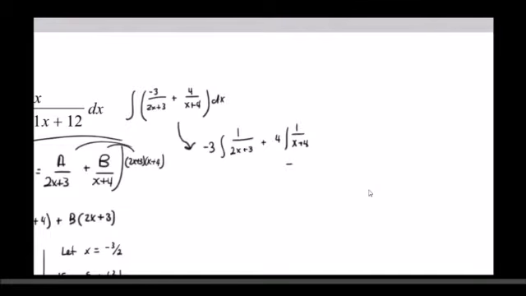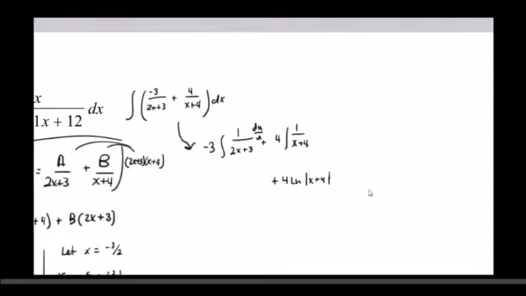Actually going to start with this one here, the 4 times the antiderivative of 1 over x plus 4. That's again du over u, which a lot of them are, not every single time, but most of the time you end up with a du over u. So this is 4 times the natural log of absolute value of x plus 4. Got to think a little bit more carefully about this one. Do we really have a situation of du over u?